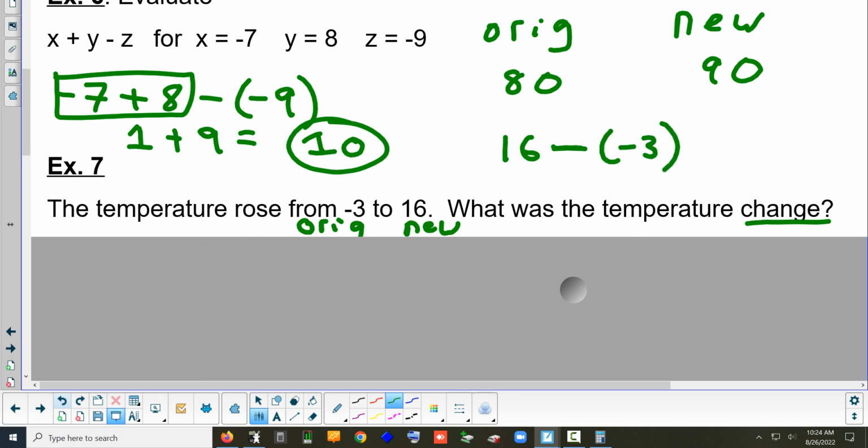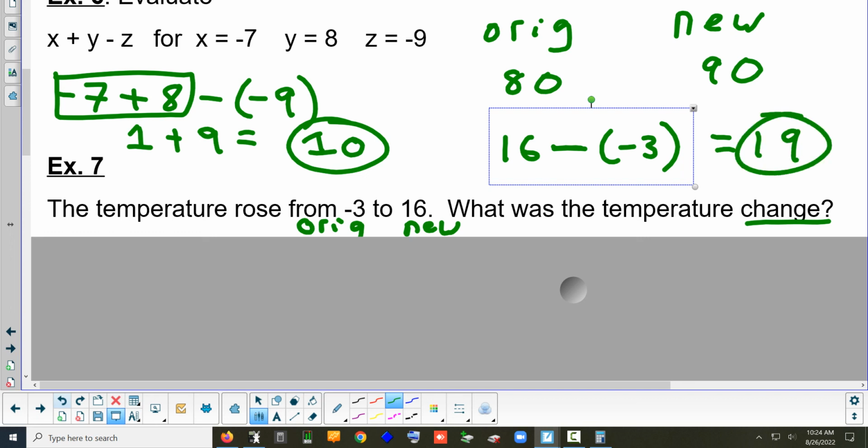Perfect. The new minus the original. And 16 minus -3 is going to give me how much? 19. Yep. So that's the change in the temperature.